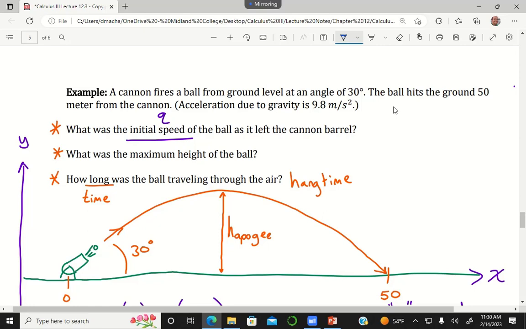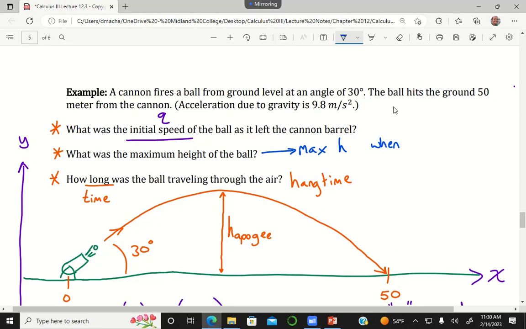I think I can make a little bit of progress on the second question. What was the maximum height? The max height should occur when the y component of the velocity is 0. If you think about it, this ball is traveling up and then it travels down.